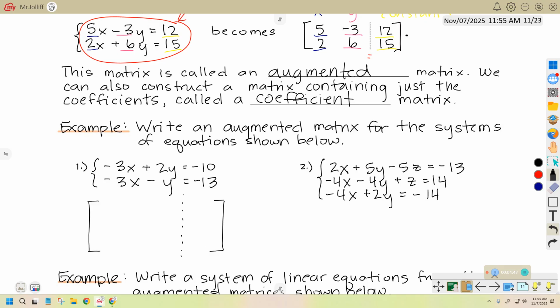Set up my augmented matrix. Should be about as big as my system of equations. Number of columns represents the number of variables plus a constant. Number of rows represents the number of equations in my system.